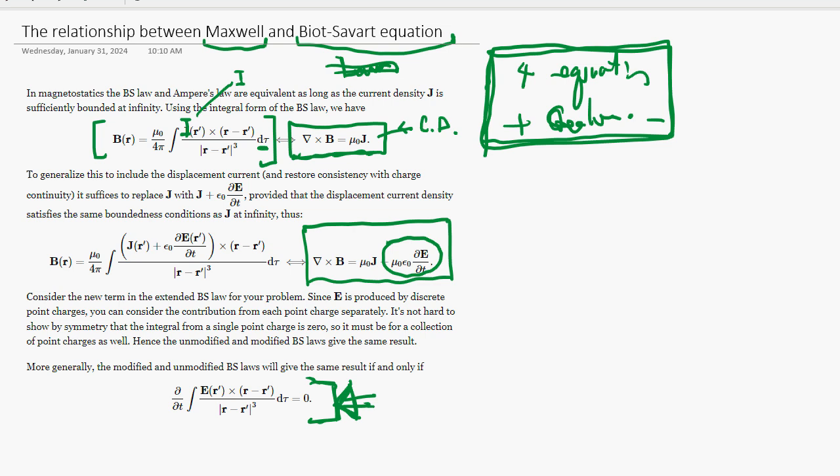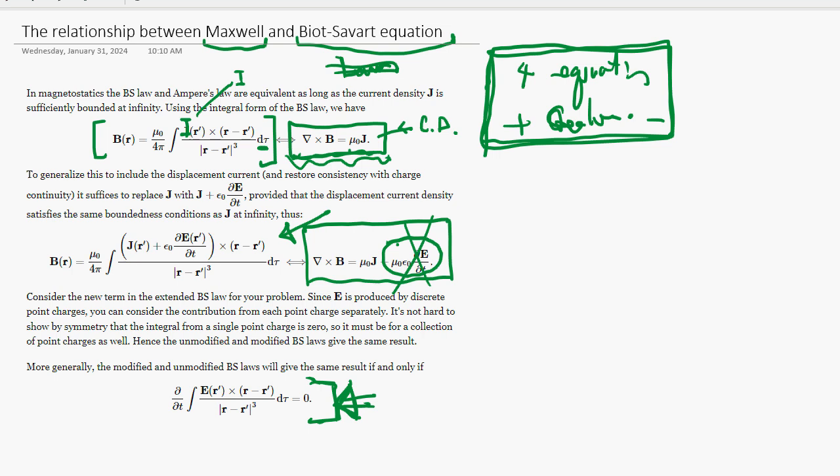The Biot-Savart equation translated only this portion into integral form. If you include this, the integral form becomes much more complicated. So they eliminated this and changed this Maxwell equation to the Biot-Savart integral form.